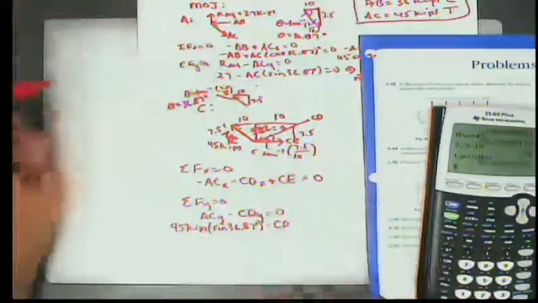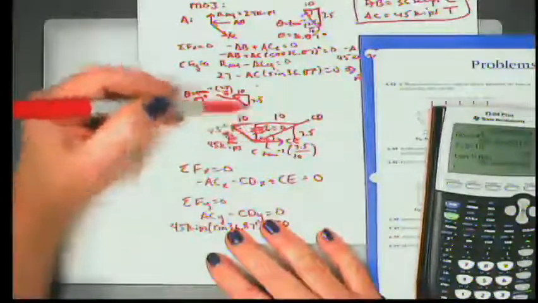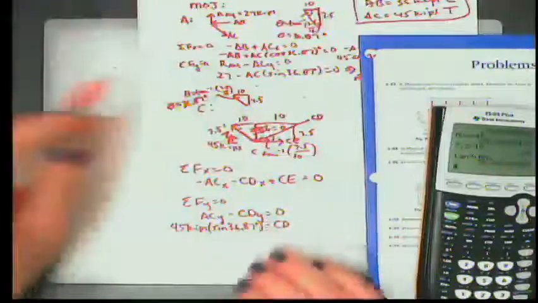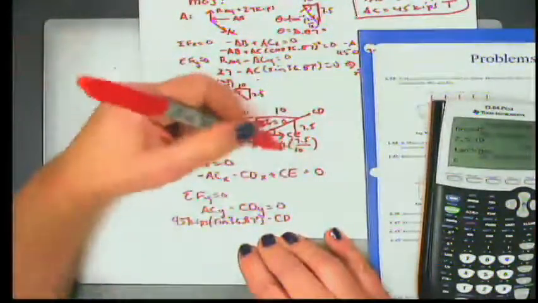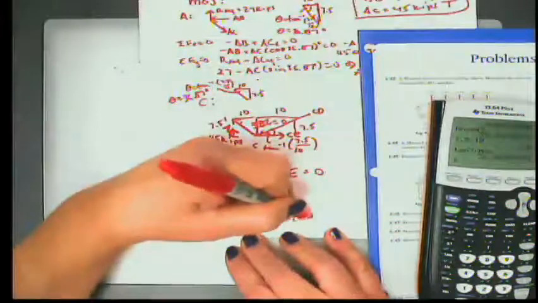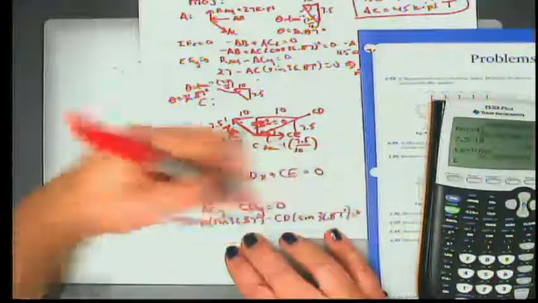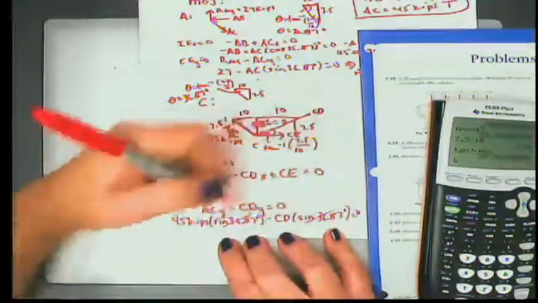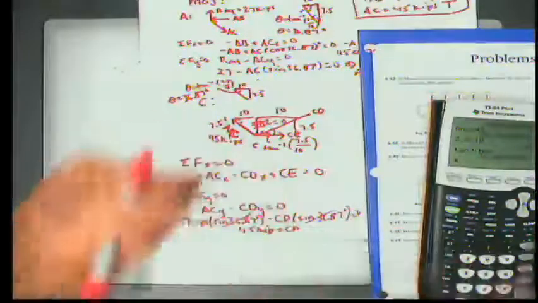We could have done that using alternating interiors, or we could have said this is parallel to this, and so forth. Same idea. So this is going to be the same angle. So this is going to be the sine of 36.87 degrees as well, equals 0. And so those cancel out, and we get 45 kips is equal to CD.